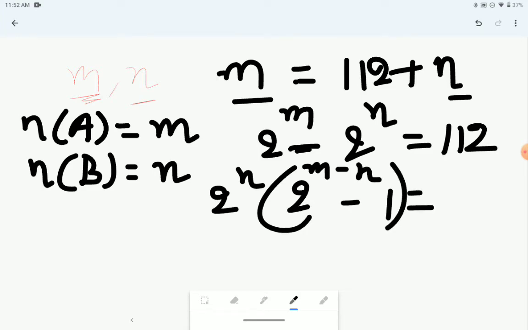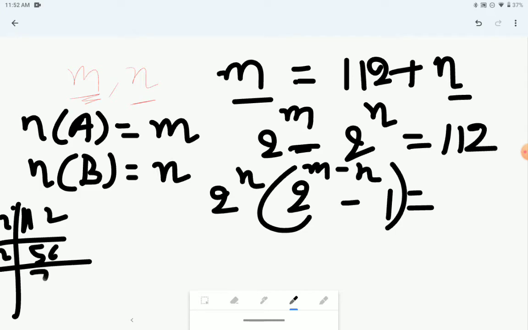If you factorize 112, it is 2 into 56, 2 into 28, 2 into 14, 2 into 7, that is 2 power 4 into 7.